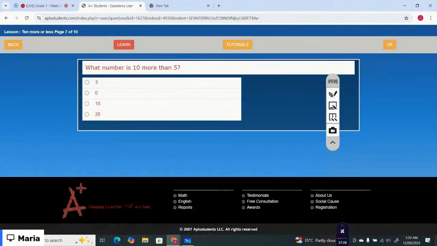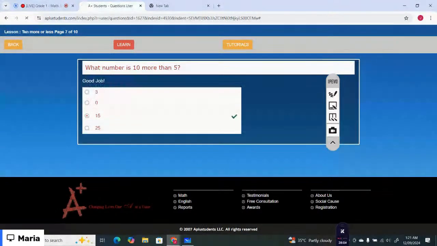So 5 plus 10 makes, yes, 15 it is. 10 more means you need to add 10. So 10 plus 5 is 15.